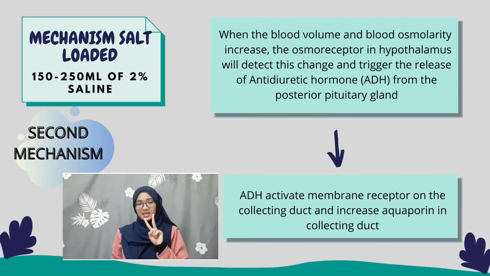The second mechanism is when the blood volume and blood osmolarity increase, the osmoreceptor in the hypothalamus will detect this change and trigger the release of antidiuretic hormone, ADH, from the posterior pituitary gland. ADH activates membrane receptors on the collecting duct and increases aquaporins in the collecting duct.